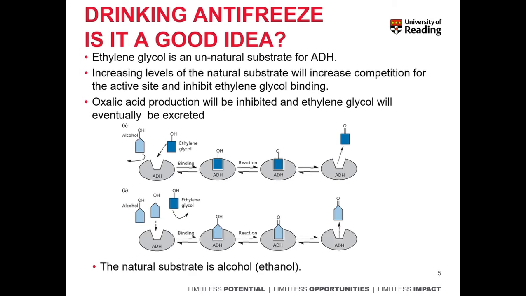In this case, the natural substrate is alcohol or ethanol, and so a cure for drinking antifreeze is to drink alcohol. It will outcompete the ethylene glycol present in the antifreeze and stop the oxalic acid production.